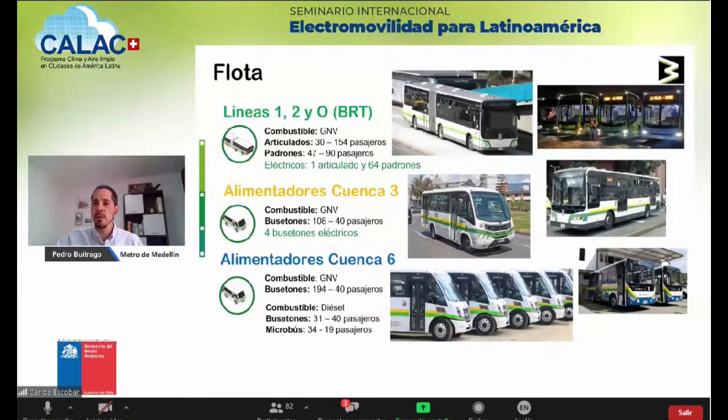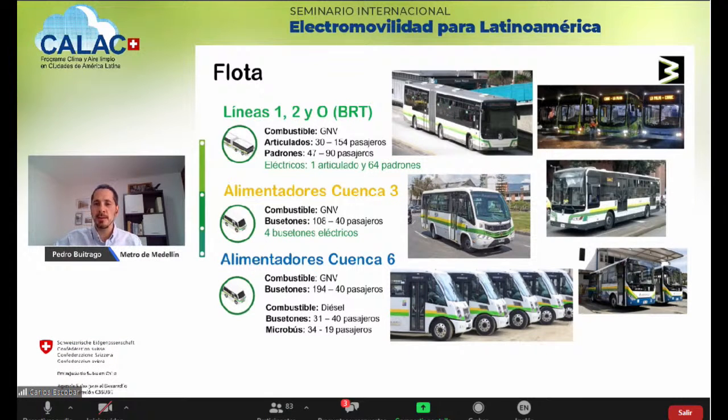This was a decision made by the municipality of Medellin to take a step towards the transformation of public transport so we can migrate towards cleaner fuels. And this is fully aligned with, as I just mentioned, all the lines of the mass system, all the integrated lines, operating with clean fuels.